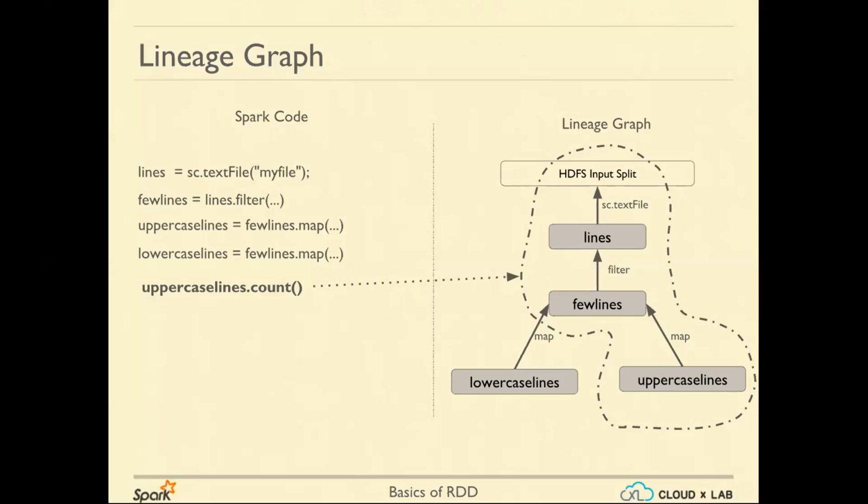A further question is, so memory is used during the action phase. Yeah, memory is used only in the action phase. Here we have just defined an object called lines, then fewLines, then uppercaseLines. This will be hardly, maybe, 10 bytes, 10 bytes, 10 bytes, and 10 bytes, so maybe 40 bytes, not more than that. And yes, you can say that these are nodes.